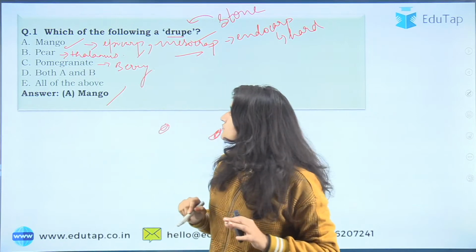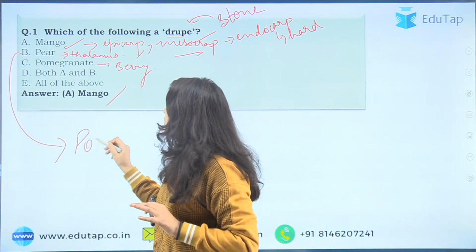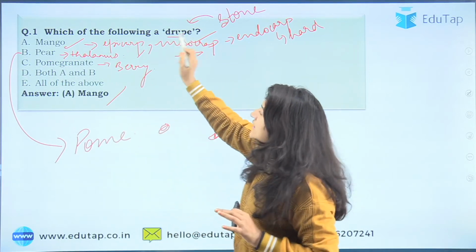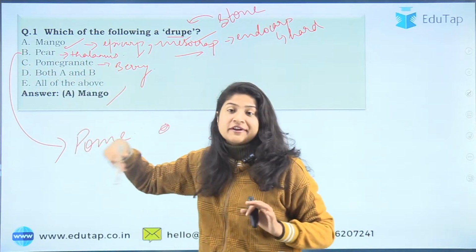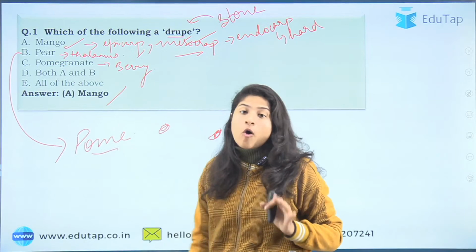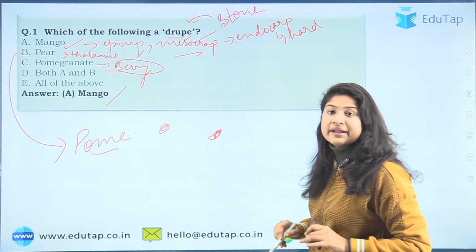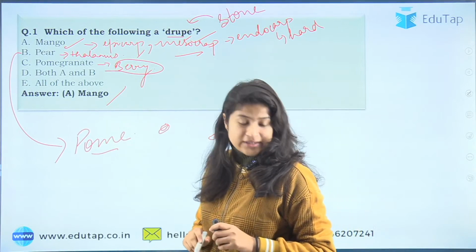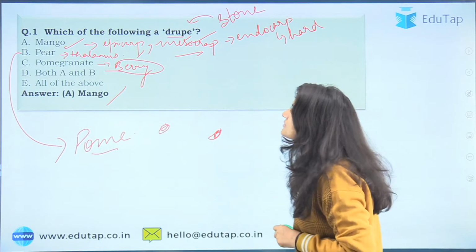Such categories, like pear and apple, are known as pome. So mango is a drupe, pear and apple are pome, and pomegranate is a type of berry, which is an exception. Here Ranjani also gave the correct answer, option A. Very good. Now let's move ahead.